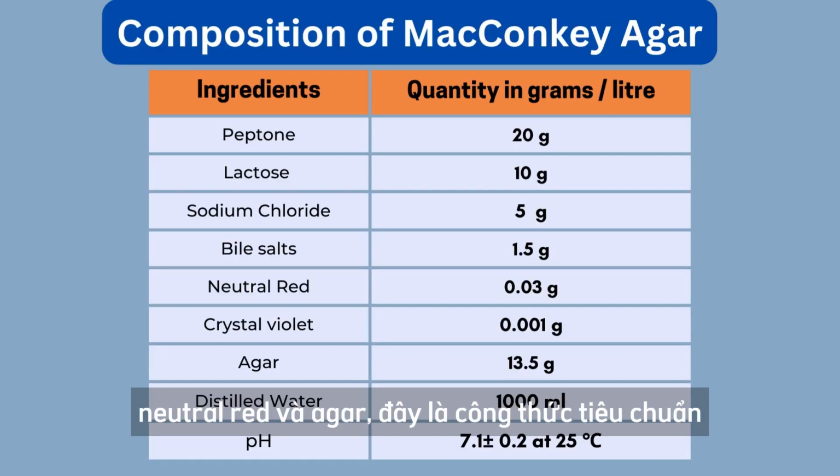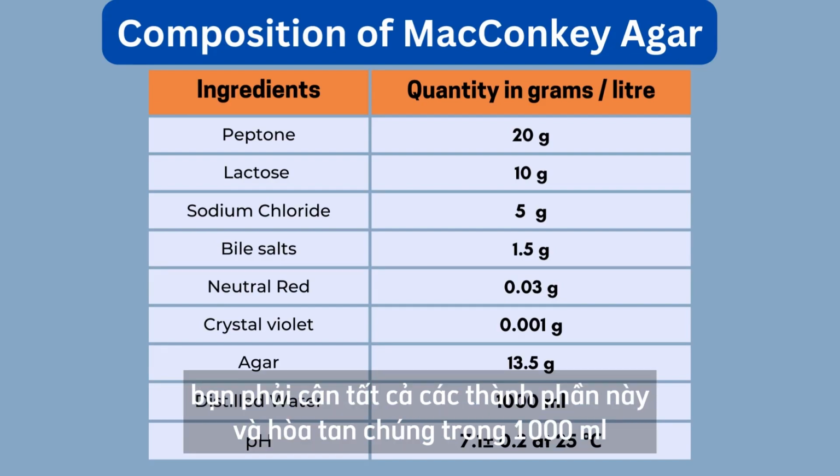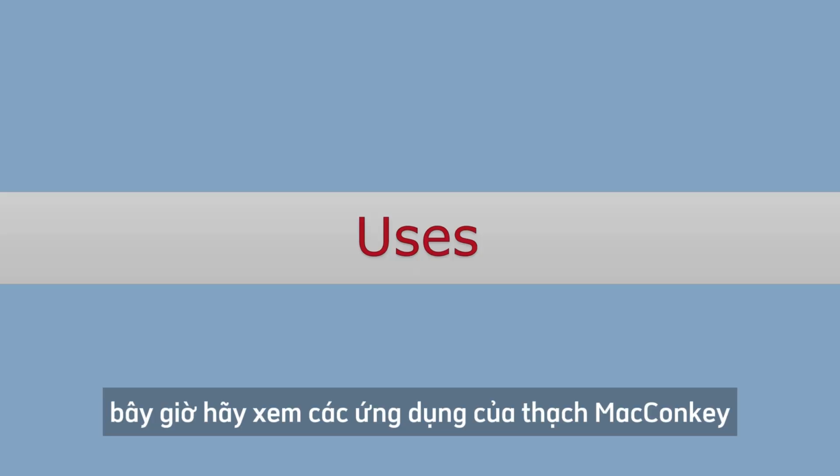This is the standard formula for making 1 liter of MacConkey agar medium. You have to weigh all these ingredients and dissolve them in 1000 ml distilled water and then adjust the pH at 7.1.